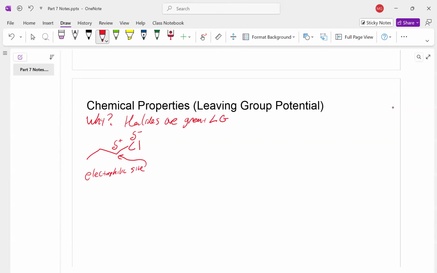And the chlorine, once it leaves, becomes chloride. Chloride is a very stable ion in solution. And as I said earlier, a good leaving group is good because once it leaves, it's stable on its own.